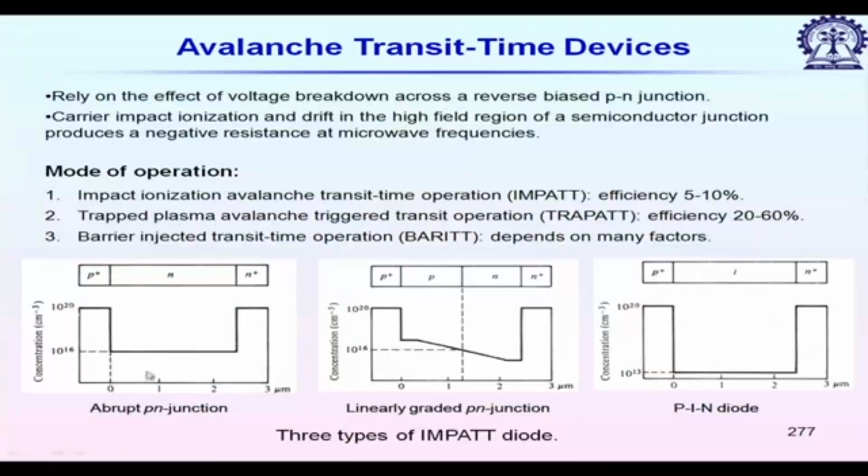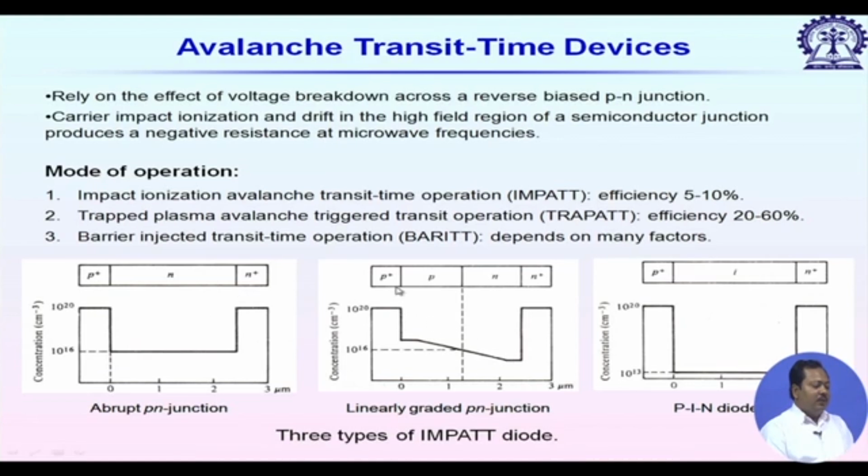Before the basic operations, here are three different schematics for three different types of impact diodes. The first one is an abrupt p-n junction, and you can see p plus n n plus. The n middle layer is lightly doped and it is used as the drift region.